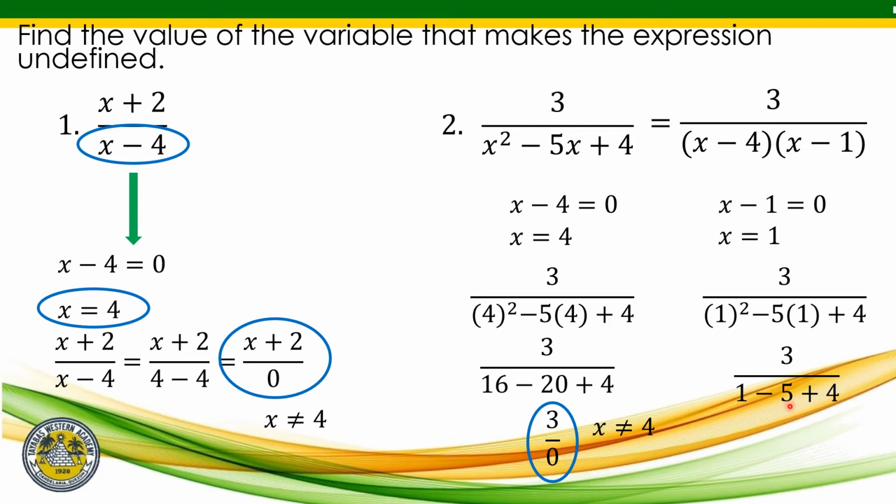Positive 1 minus 5 is negative 4 plus 4 is 0 because parehas sila ng number at magkaiba sila ng sign, so magsusubtract tayo. Negative 4 plus 4, it is equal to 0. So magiging value natin ng denominator is 0. So undefined pa din. So dalawang value ng x na magre-result sa denominator as 0 ay positive 4 at 1.